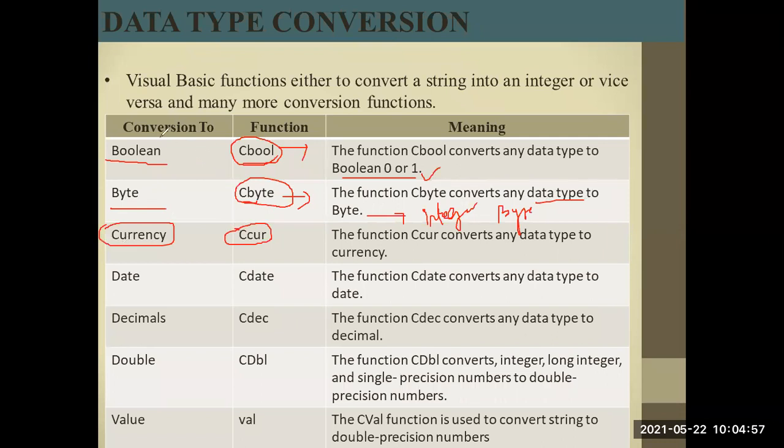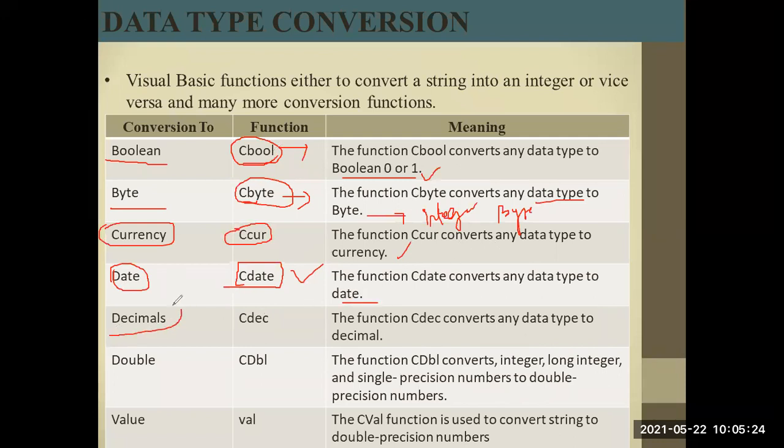This function will convert any data type to the currency data type. Similarly, to convert to the date data type, I will use CDATE. The CDATE function basically converts any data type to the date data type.